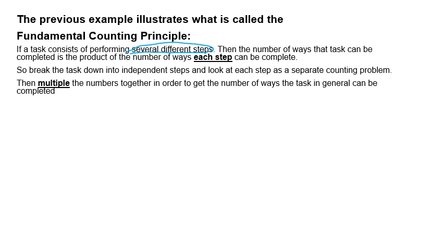So what you do is you break down the task into independent steps and you look at each step as a separate counting problem. I had to pick a salad. I had to pick a dessert. Then you multiply the numbers together in order to get the number of ways the task can be completed. In general, this is an example of the fundamental counting principle.